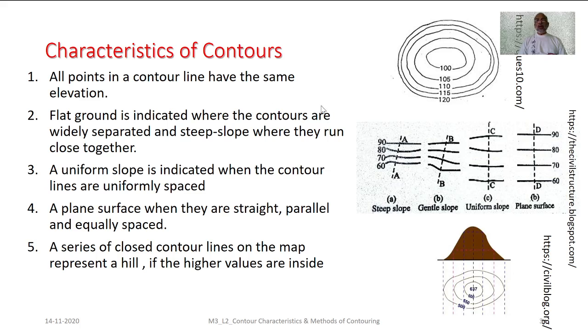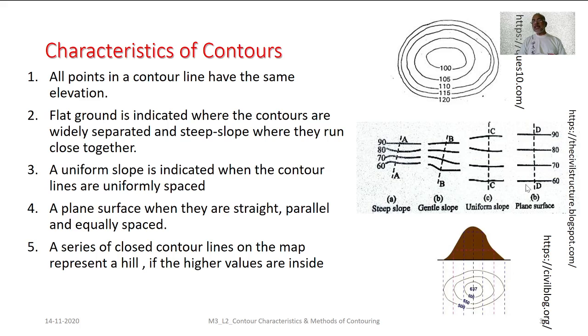So, we'll discuss now the characteristics of the contour. As we know, all the points on a contour line have the same elevation. Let's take a reference to this sketch. The way you see here, the contours are placed almost parallel to each other and in straight line form.